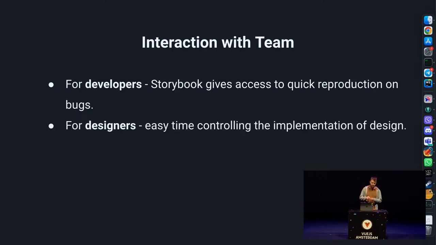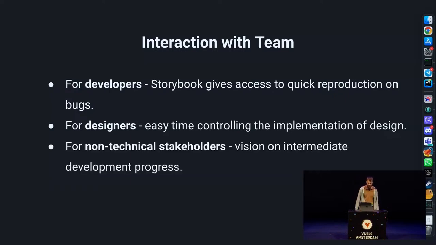For designers, it's, again, an easy time controlling the implementation of design. So they can take more responsibility. They can go to developers and see what they're doing. They're not one way. And for technical and non-technical stakeholders, they have vision on intermediate development progress.